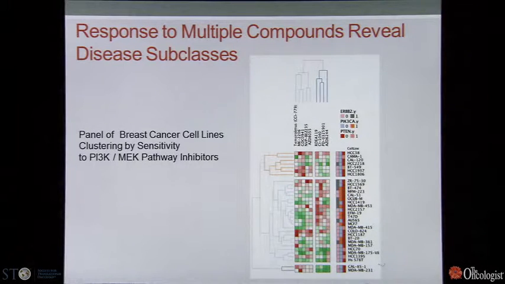And so this is a collection of breast cancer cell lines. And these two classes of inhibitors are clustering. Essentially, the two clusters here are two types of responses that we see across the cell line collection of these breast cancer cell lines.